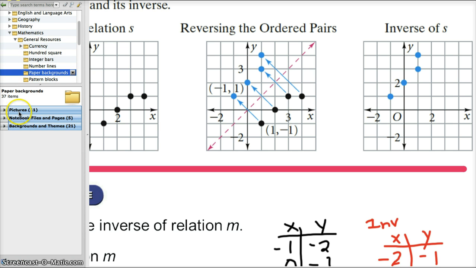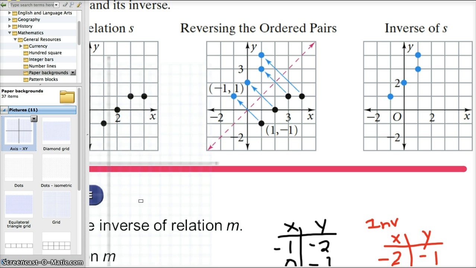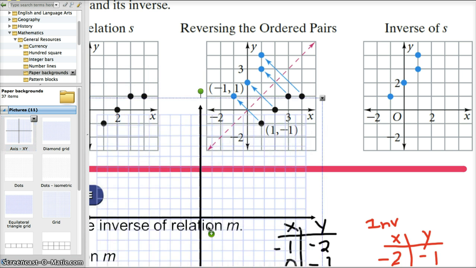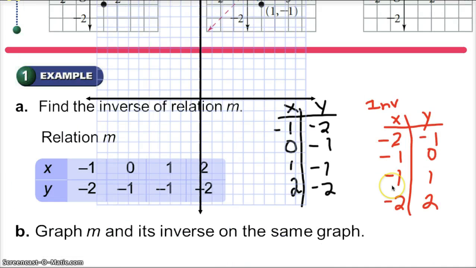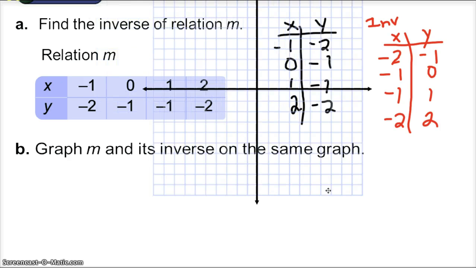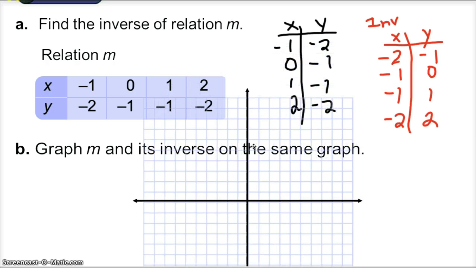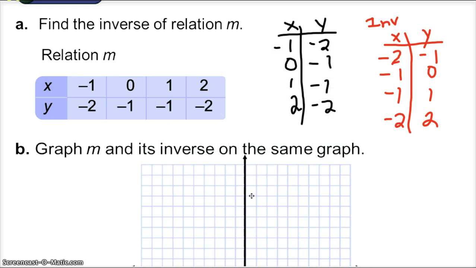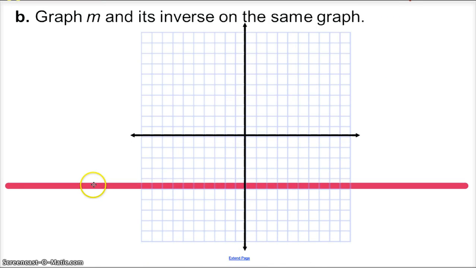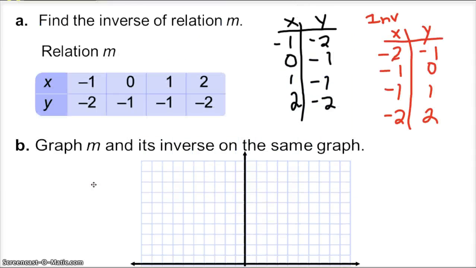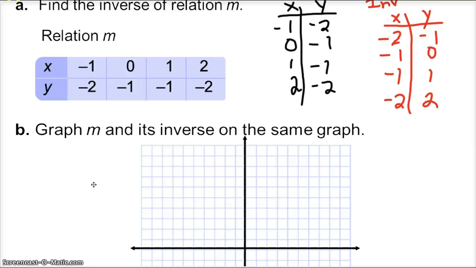Sorry about that. Okay, so now let's go ahead and graph these. And it said to do it on the same graph, so that way you can see what they both look like on this graph.